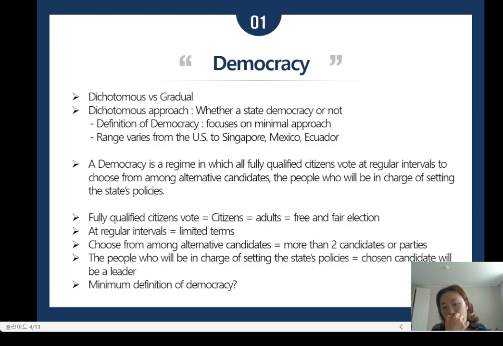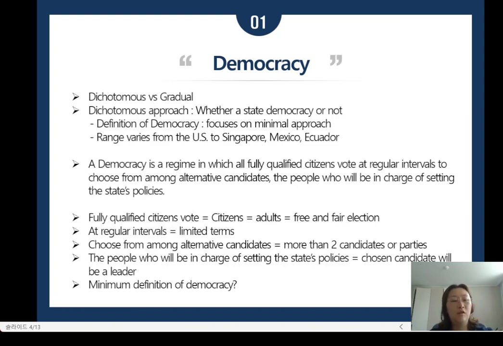And there must be free and fair elections. Here adult means qualified citizen, usually. Fair election: even though I am more educated than you, it doesn't mean that I have two votes, right? That's unfair. So fair means here every citizen should have the same number of votes. That's a free and fair election.